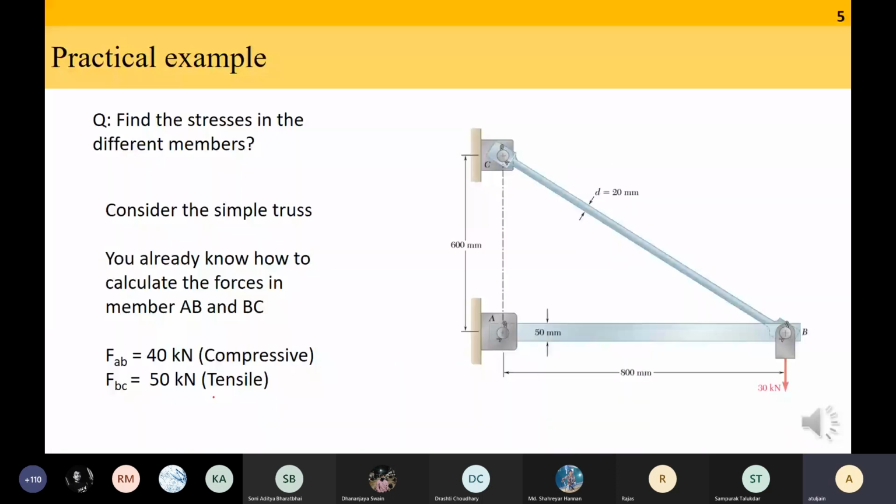FBC is 50 kilonewton, so with respect to the pin, it is this direction, this one. Okay, sir. Got it.